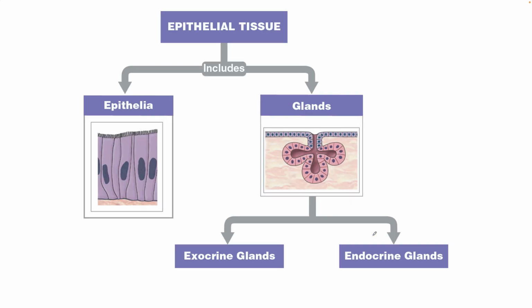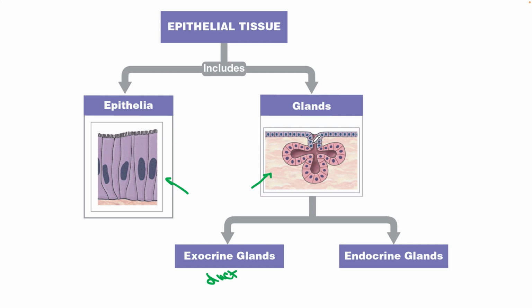You can see the 2 types of epithelium here. On the left are cells forming a sheet. These might have a few gland cells scattered within, but on the right you can see that they look quite different. These are a group of gland cells whose primary function is to produce secretions. Now, if you look at these glands, they can further be divided into exocrine glands, which are going to secrete into a duct.